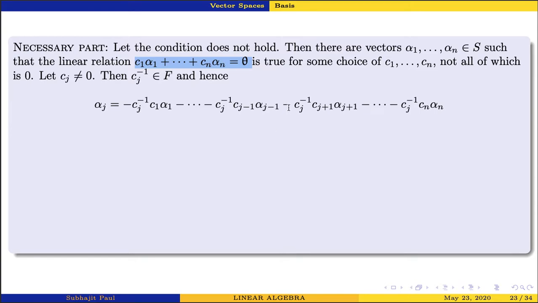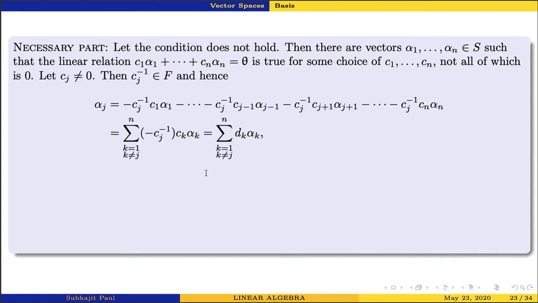Here we see we do not have alpha j on the right side. Alpha j minus 1 is there, alpha j plus 1 is there, but we do not have alpha j. Alpha j is over here. This is just a rearrangement of this relation. Fine. So now what is this?